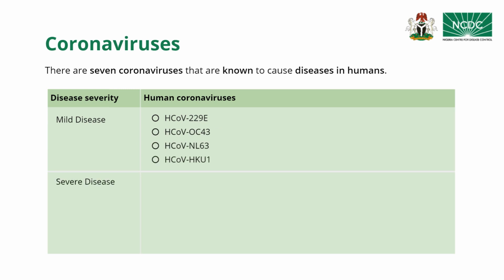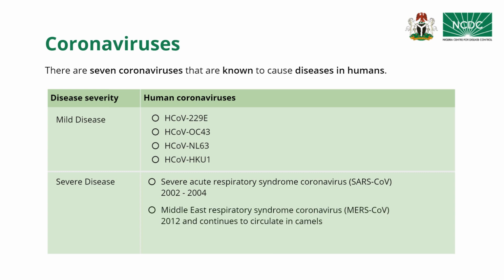The other 3 cause severe diseases and include the Severe Acute Respiratory Syndrome coronavirus, also known as SARS-CoV, which emerged in 2002 and disappeared in 2004, the Middle East Respiratory Syndrome coronavirus, also known as MERS-CoV, which emerged in 2012 and continues to circulate in camels, and the 2019 novel coronavirus SARS-CoV-2, which emerged in 2019.